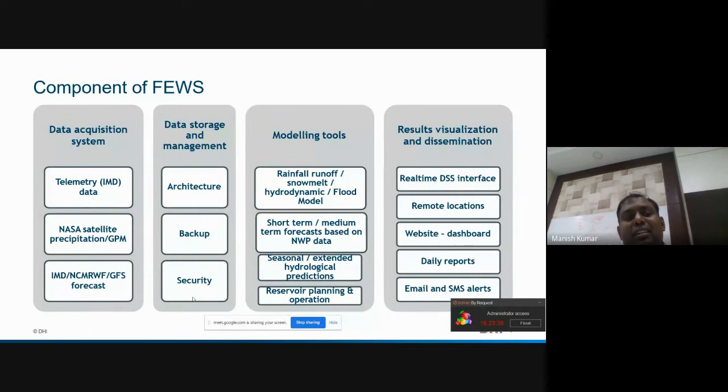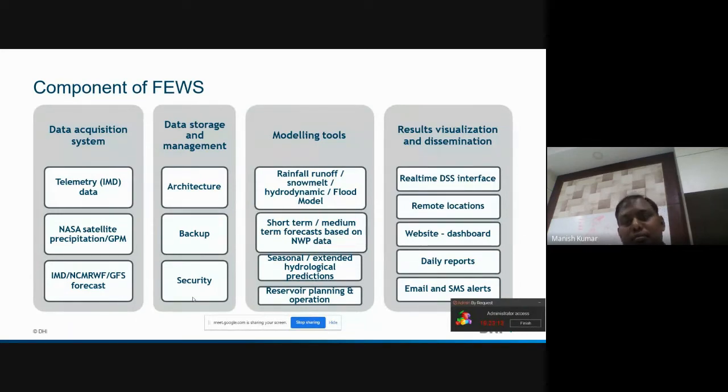They provide 3 to 10 days of forecast. ECMWF is also one of the agencies. They provide 15 days of forecast, quantitative precipitation forecast. So all the data which you get from various sources becomes part of your data acquisition system.